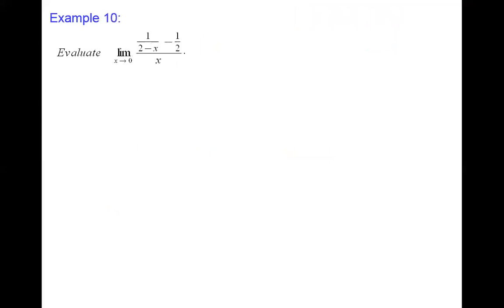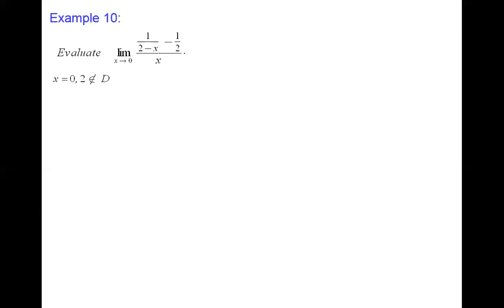Okay, another one. Function of 1 over 2 minus x, minus half, over x. Limit at 0. 0 is not in the domain. If we substitute 0, we're getting 0 over 0. We have to simplify, and this one is quite, how can I say, complex fractions. We have too many fractions. We can definitely rewrite as one single fraction, getting a common denominator on the top.